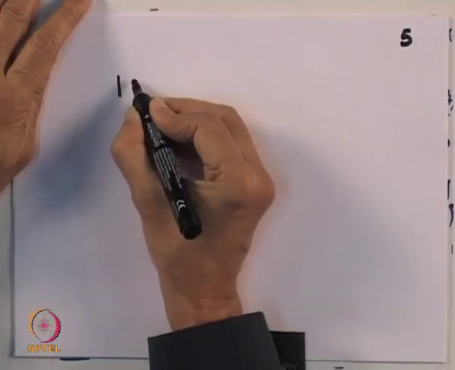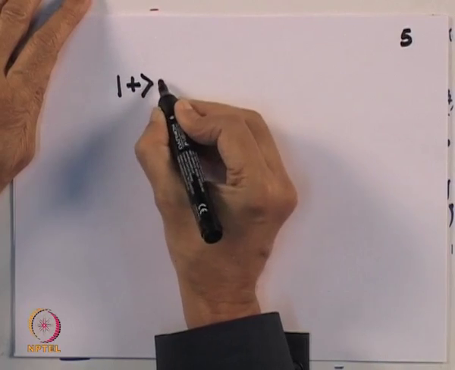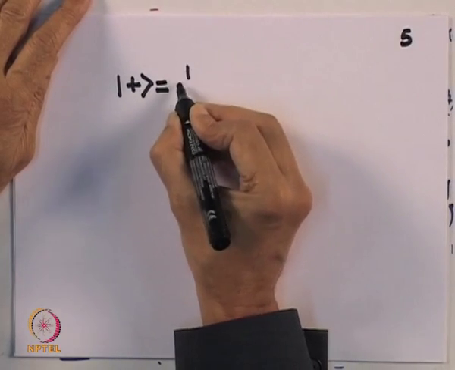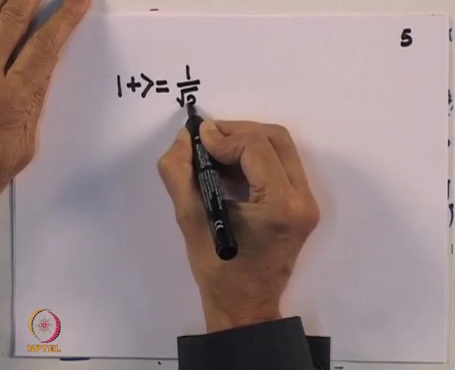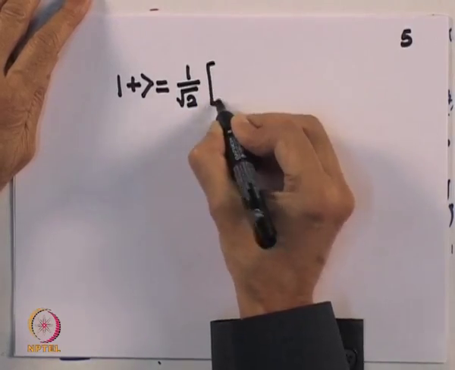Now if I represent the state which is making 45 degrees angle with the horizontal direction, I can write that state as a plus, which is a notation I use, and normalize it, 1 over square root of 2. This is pictorial.